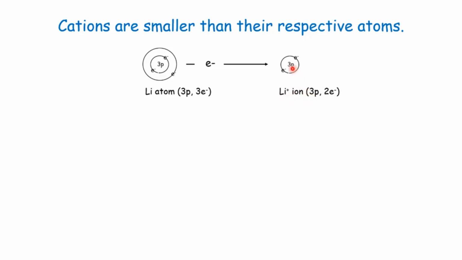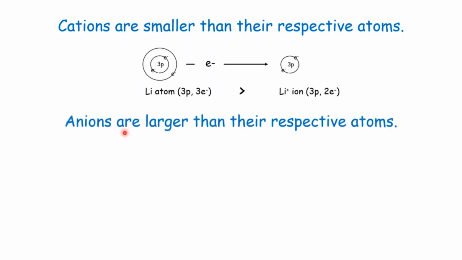Now it still has 3 protons but only 2 electrons. You see, the entire outermost shell is gone. Now the second outermost shell becomes the outermost shell in the ion. So that's why ions are smaller than their respective atoms. That's the reason.